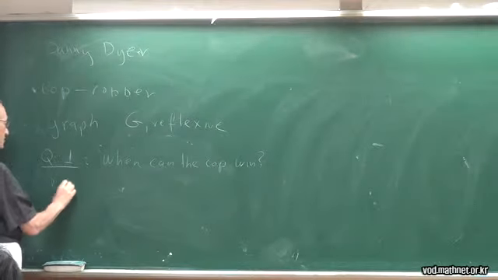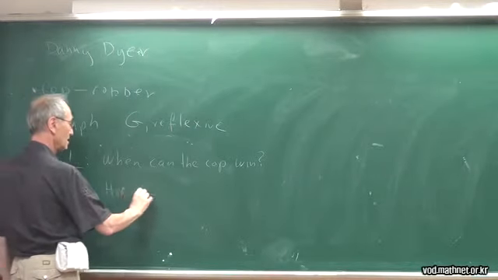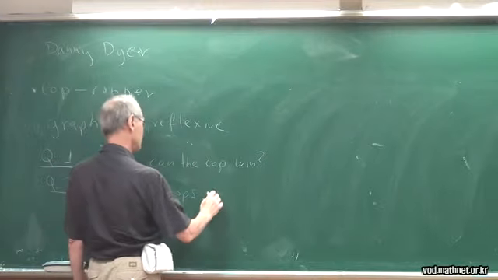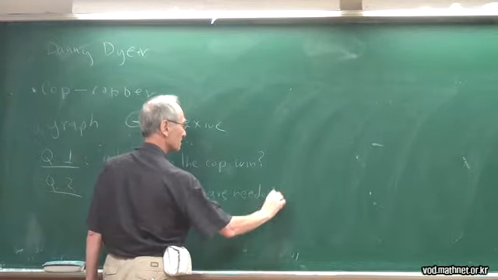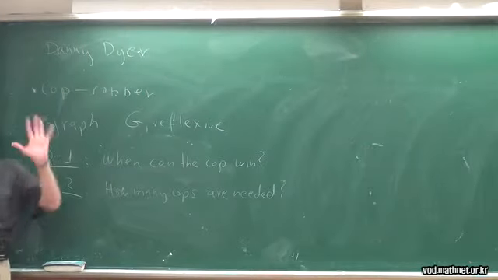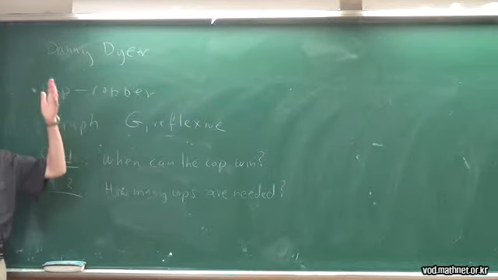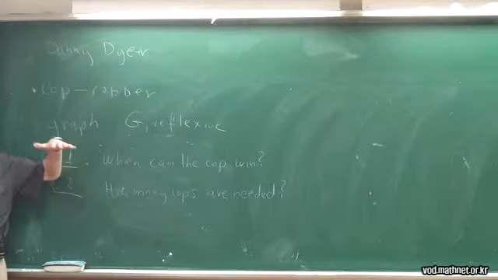And question 2 that's related is, how many cops are needed? It's obvious that if you put a cop on every vertex, then you're done. So there is an upper bound, this is finite, so there is a minimum number of cops that you need to catch the robber.